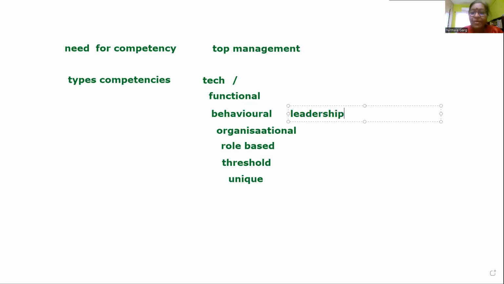Organizational competencies I can also call core competencies. Role-based will be position-based competencies, and then threshold and differentiating competencies.